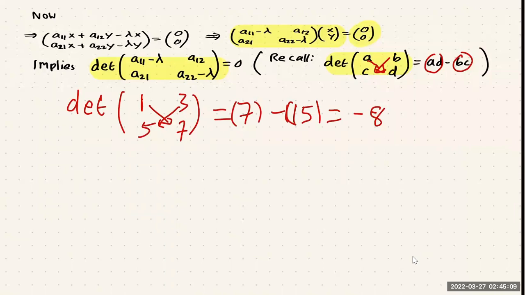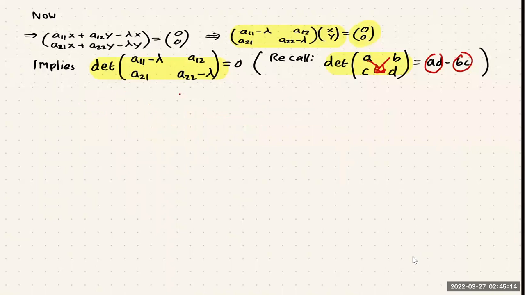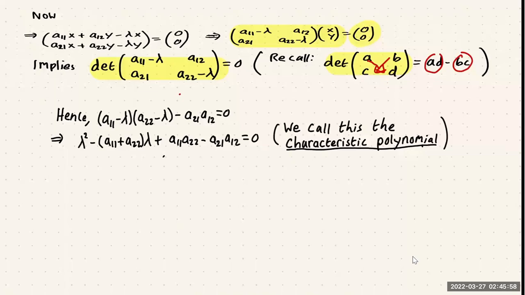Okay, so next thing. If we take the determinant of this matrix up here, it would be a11 minus lambda times a22 minus lambda, minus a12 times a21. If you multiply this out, negative lambda times negative lambda gives lambda squared.